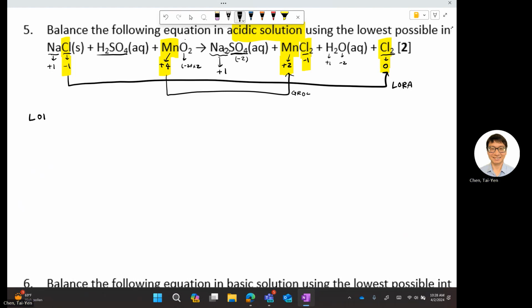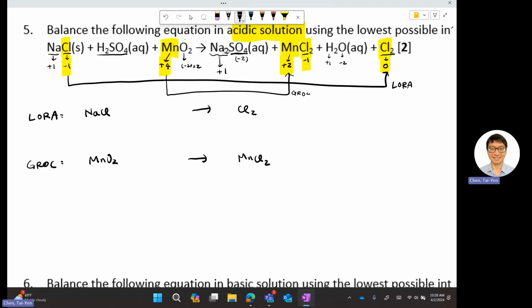Your LEO will be NaCl becoming Cl2, and your GER will be MnO2 becoming MnCl2. Those are the species that you have.